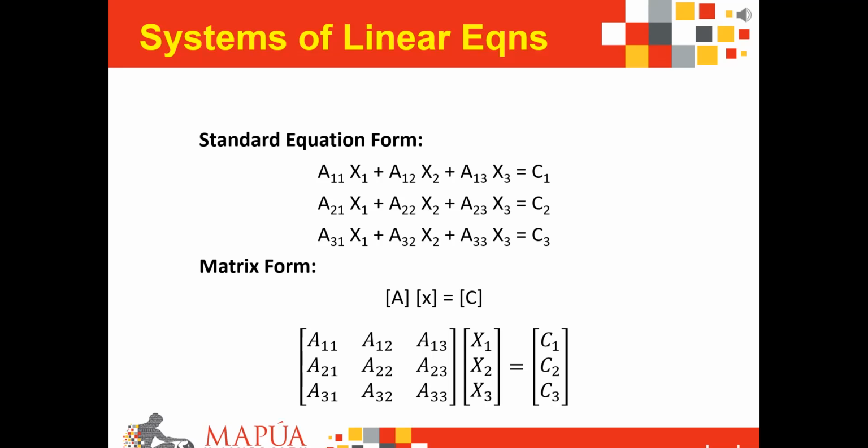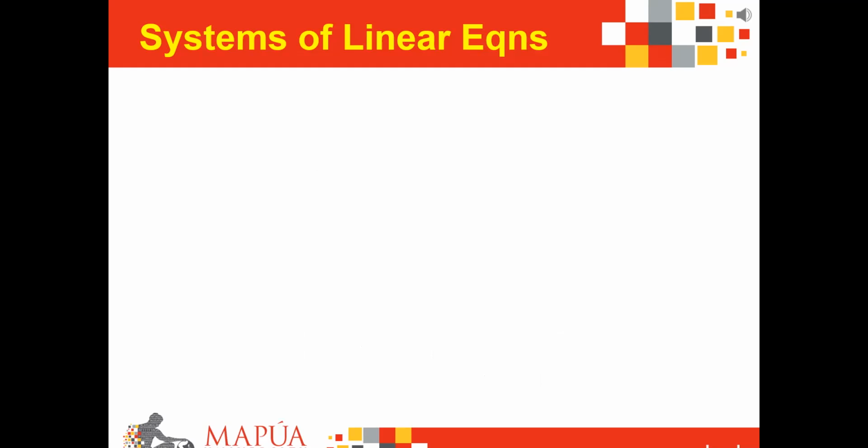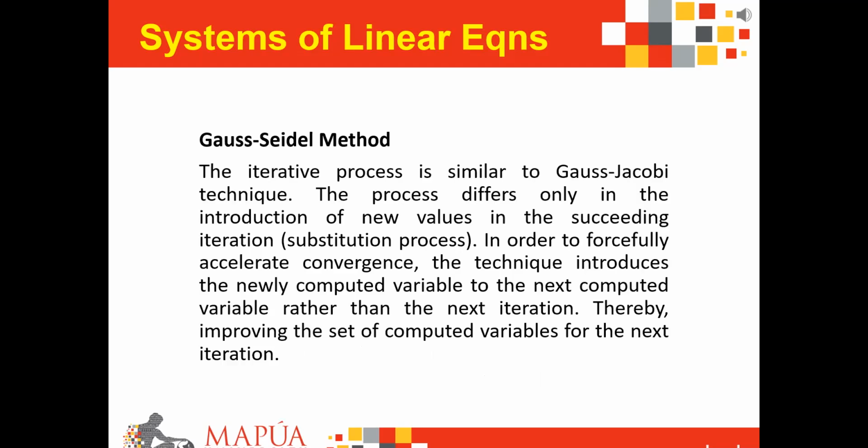There are several ways to iteratively solve this particular system of linear equations, one of which is called the Gauss-Seidel method. This iterative technique is very similar to the Gauss-Jacobi method in that the first few steps of Gauss-Jacobi are exactly the same as in the Gauss-Seidel method.